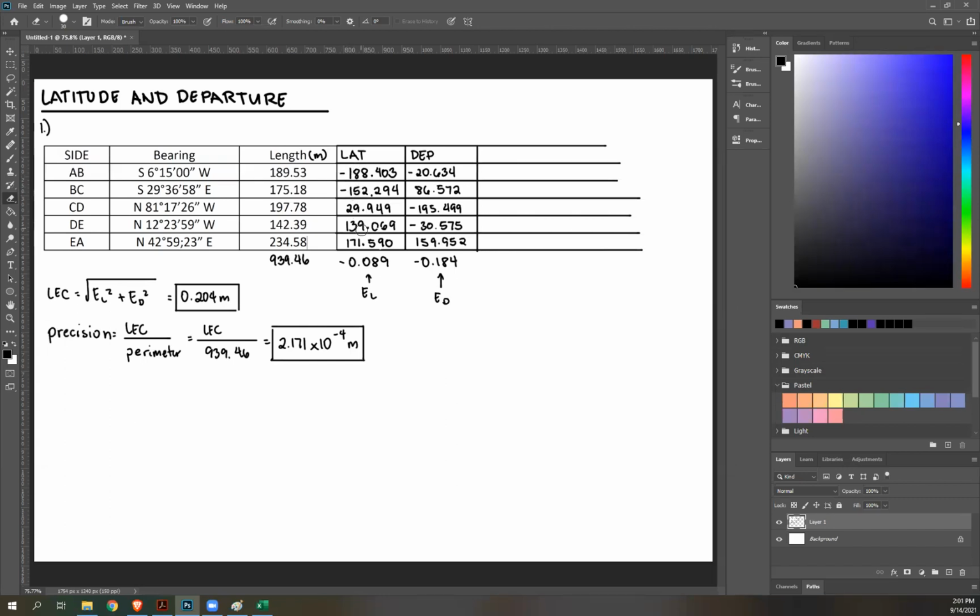So negatives and positives will get negative 0.089. Okay, so that's error in latitude. The summation in latitude, all right, would be disregarding all of these. So just positive 188, positive 152, positive 29, and so on. So you'll get a larger number than this. Okay? Any other questions?